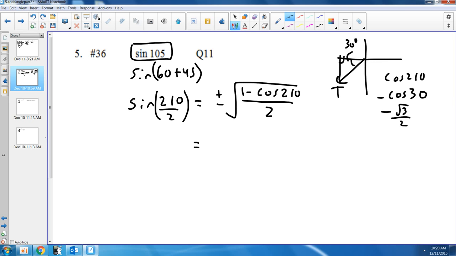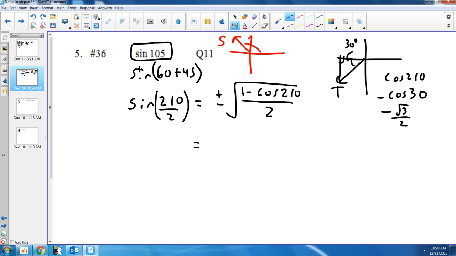I don't have to think about making it more complicated than that. 105, when I draw that, is somewhere in the second quadrant. And so I know that the sign is positive in the second quadrant because of Santa Claus. So that tells me that the sine of 105 is a positive number because it's in the second quadrant.